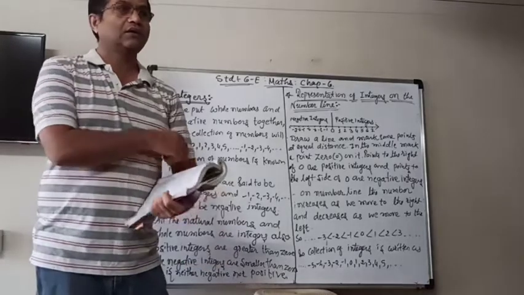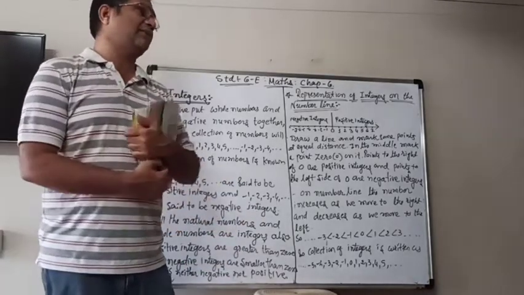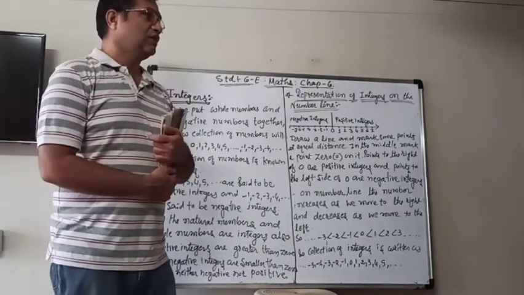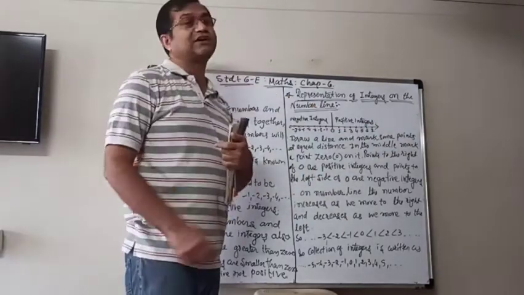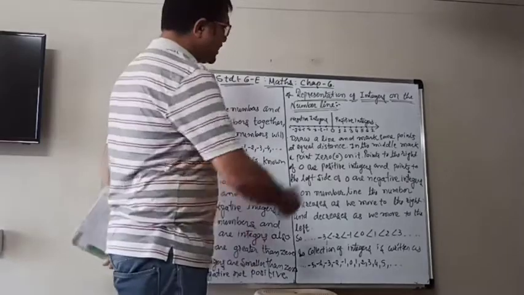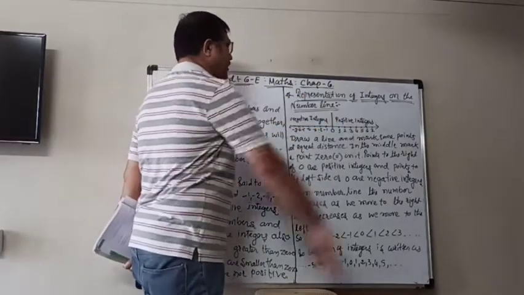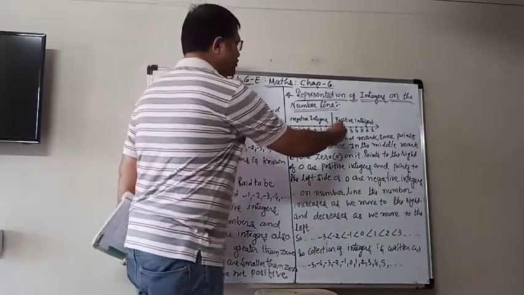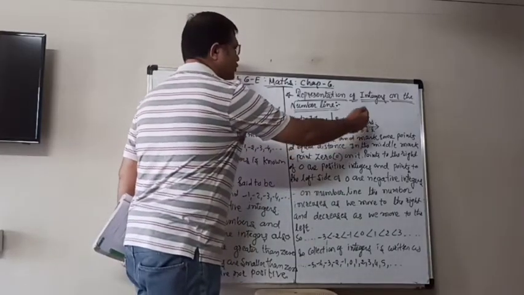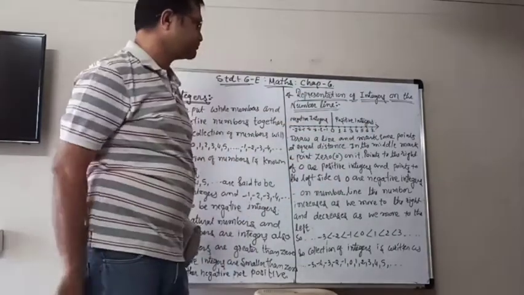Now, in the previous standard you learned that positive numbers are written on the right side of 0. So on the right side of 0, at equal distance, write down the numbers 1, 2, 3, 4, 5, 6, 7 and so on.